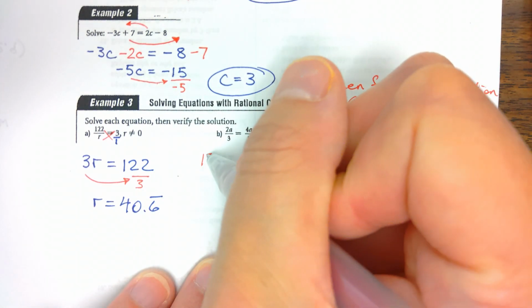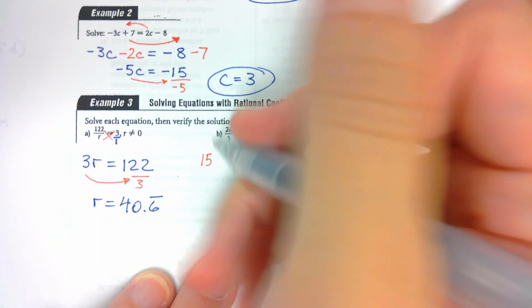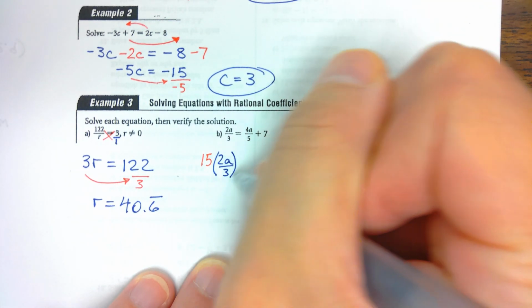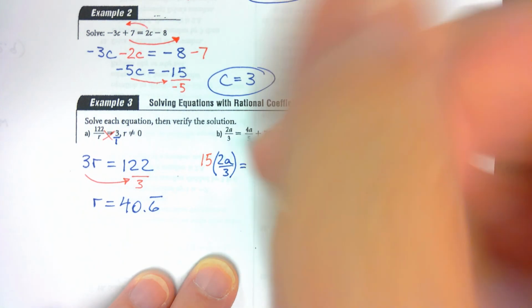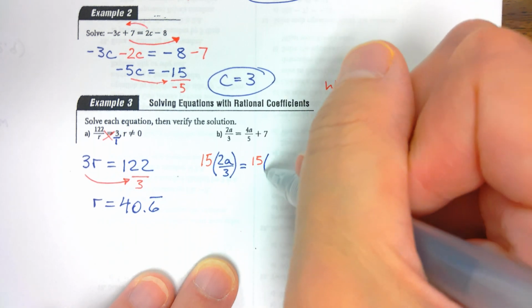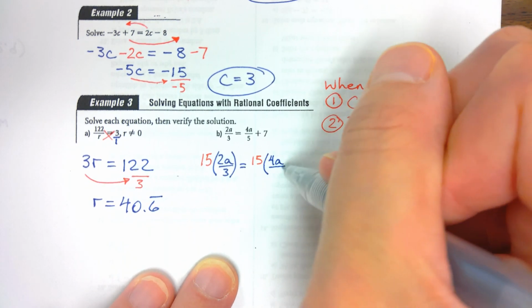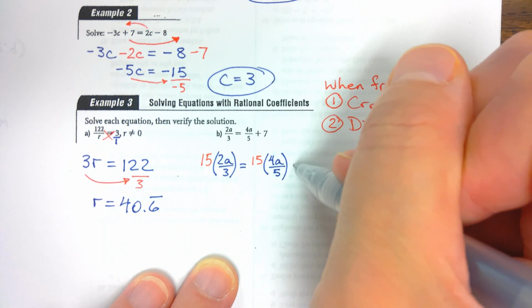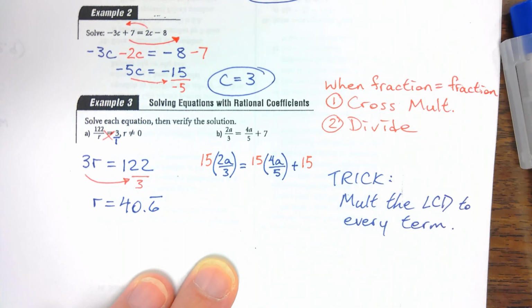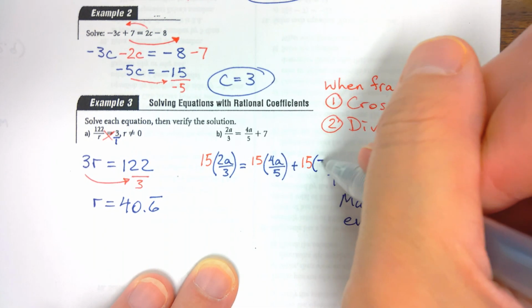So 15 times 2a over 3 equals 15 times 4a over 5, and then plus 15 times 7.